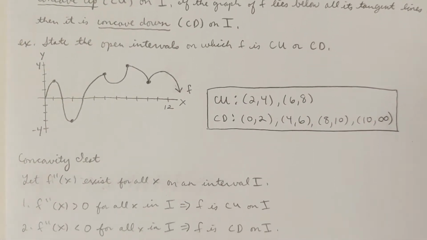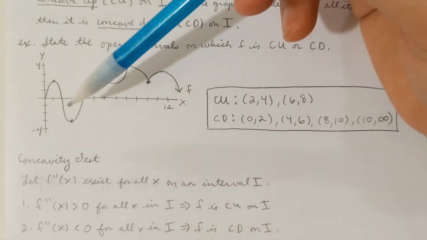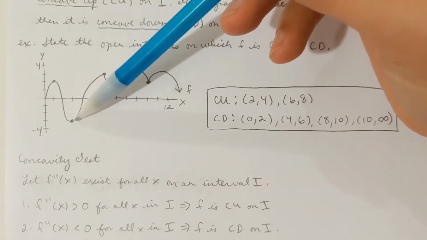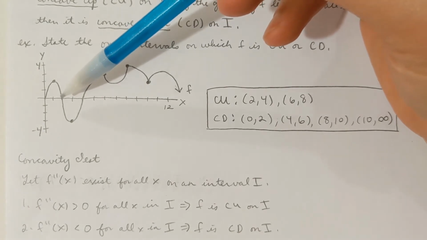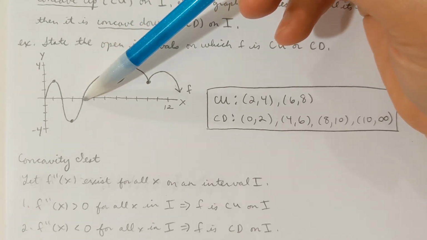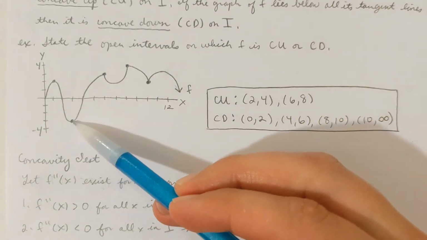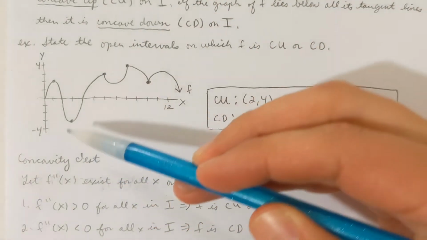So here's an example. State the open intervals on which the function is concave up or concave down. If we state where it's concave up, I'm looking for places on the graph where I would be drawing tangent lines, and all the tangent lines have to be below the curve. If I'm between 2 and 4, and I draw a tangent line anywhere, it is going to be below the curve.